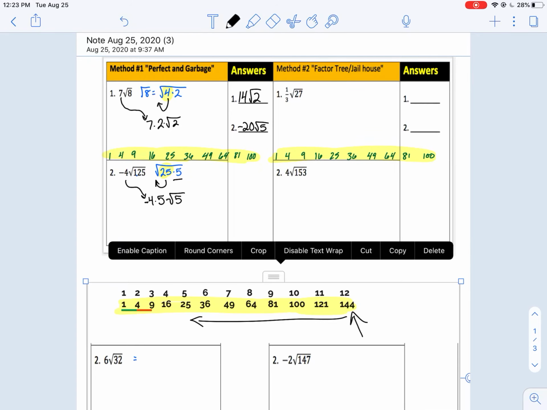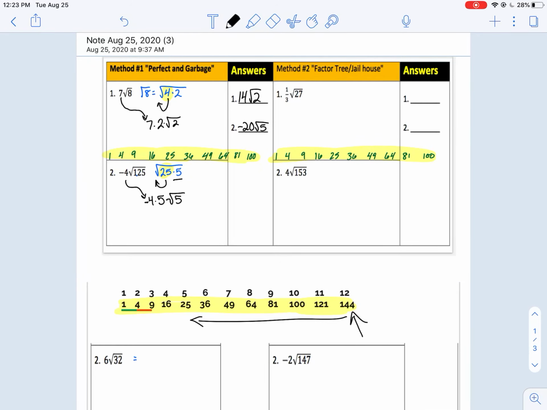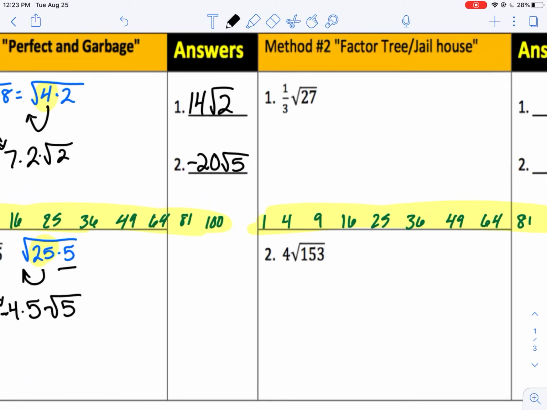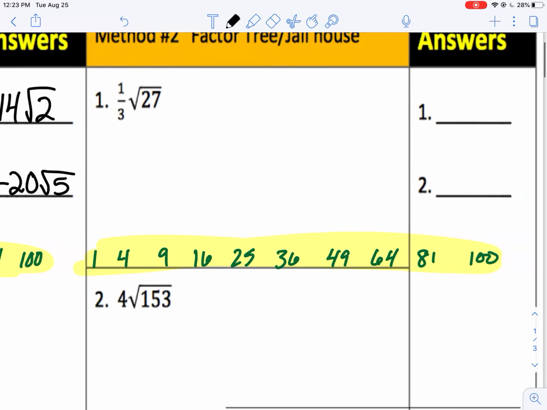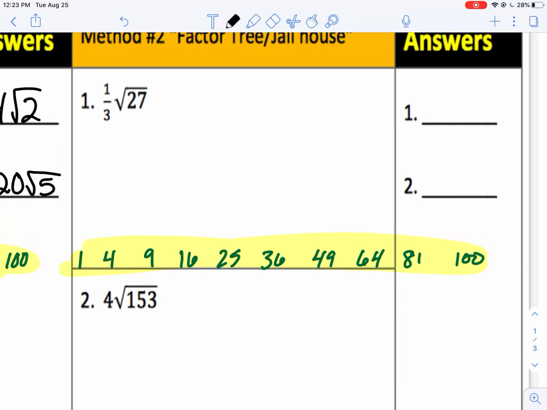Which ones do I want to do? Let's do one over here. So 1/3 times the square root of 27. Well, again, I'm going to figure out square root of 27 equals what? So I can't divide 27 by 100.